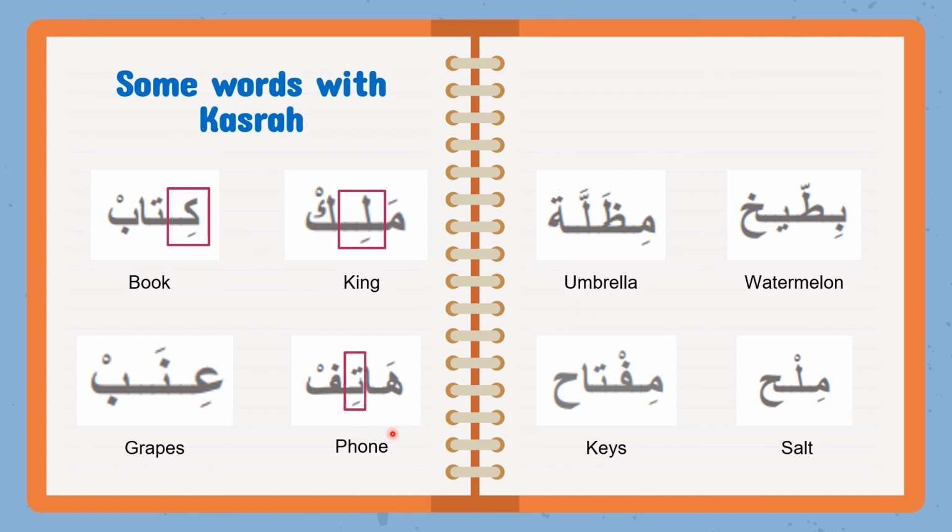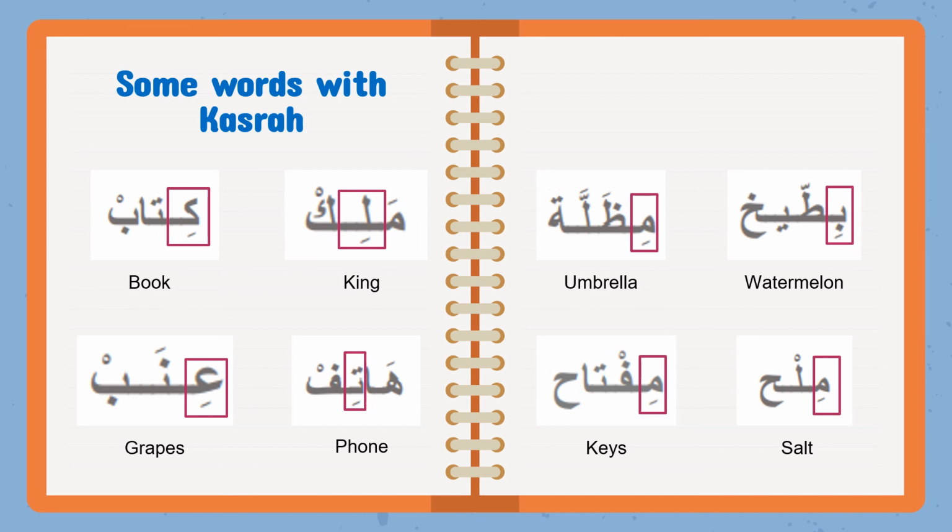Hatif means phone. Aynab means grapes. Battikh means watermelon. Midalla means umbrella. Milh means salt. Miftah means keys. Now we've completed all the short vowels in Arabic.